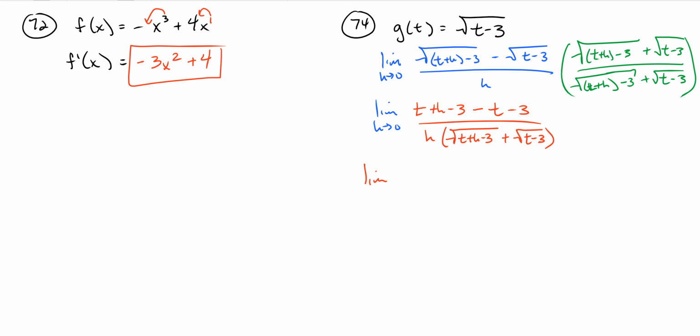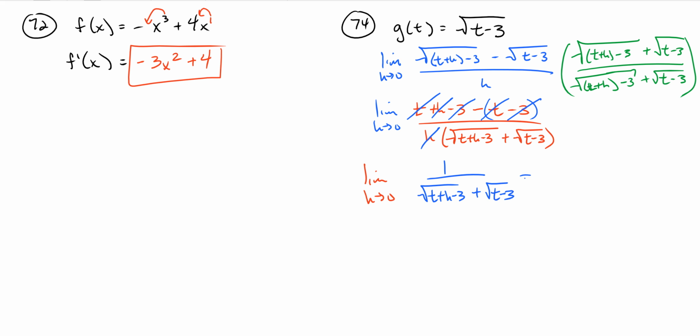And if I keep working this out, the limit as h goes to 0 of, let's see, a lot of stuff cancels out here. The t's are gone. Oh, I forgot to distribute. So the t's are still gone, these 3's are gone, and then these h's are going to cancel because it's now the only factor left on the top and bottom. So I have 1 over square root of t plus h minus 3 plus the square root of t minus 3.